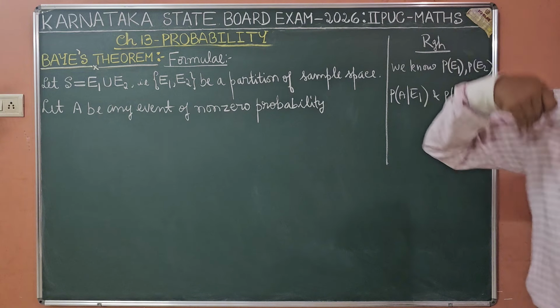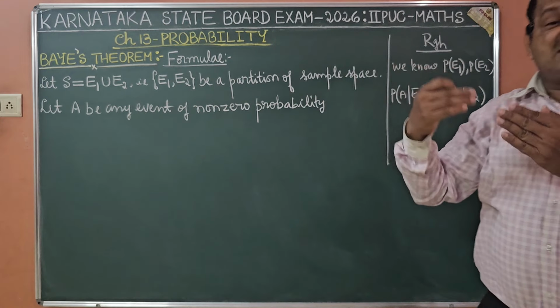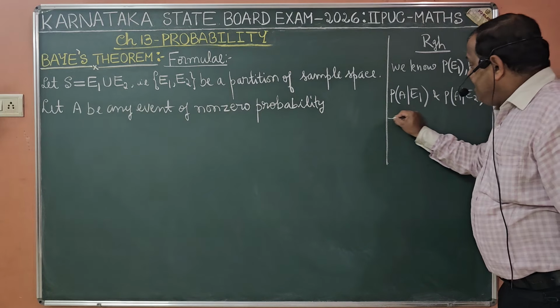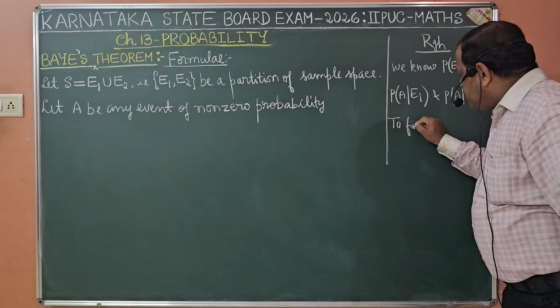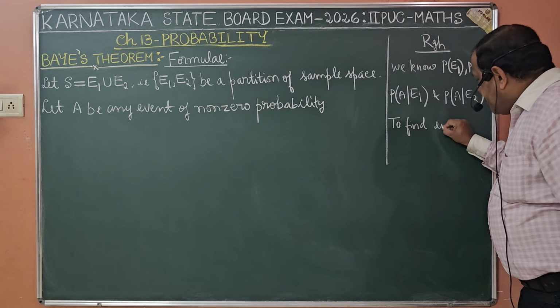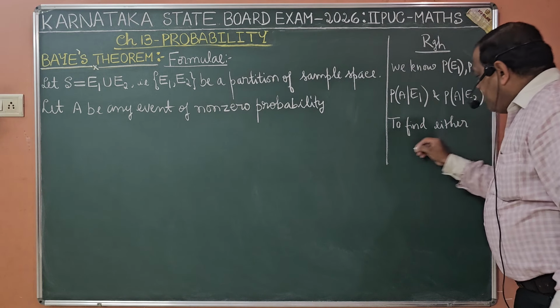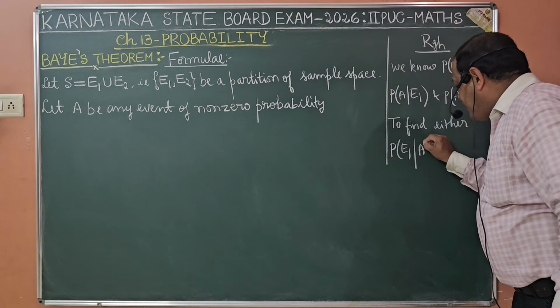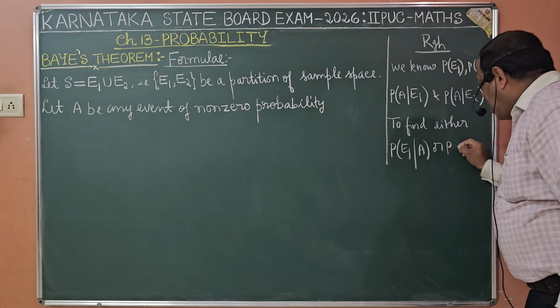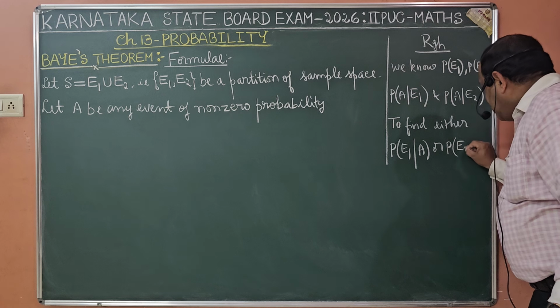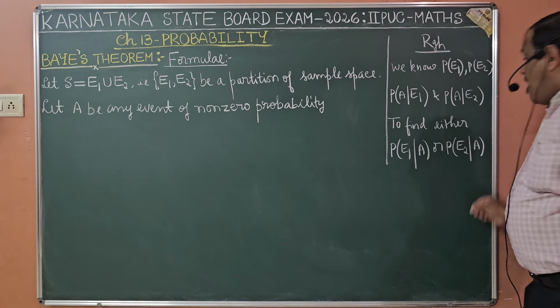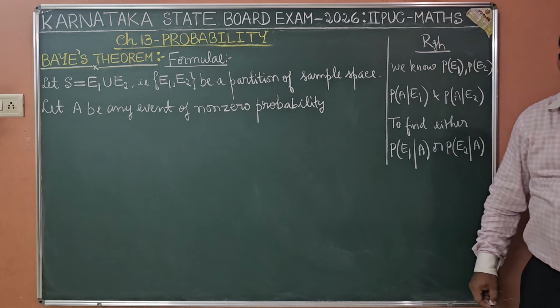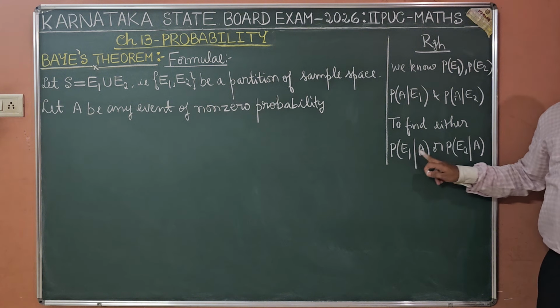Then what should we find using Bayes theorem? To find either P of E1 given A, or P of E2 given A. This is the purpose of Bayes theorem, and that is called reverse probability.